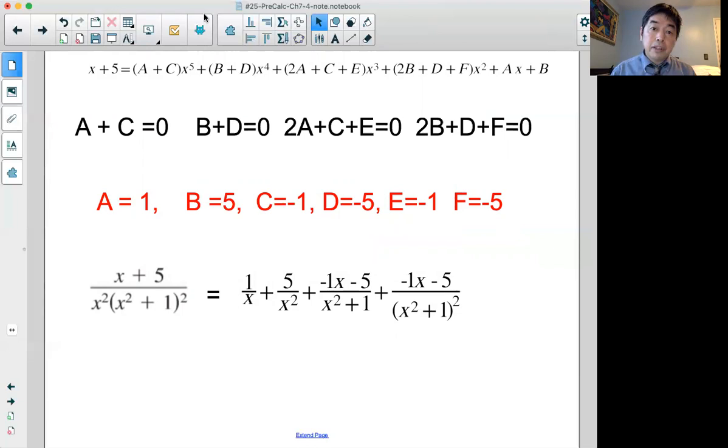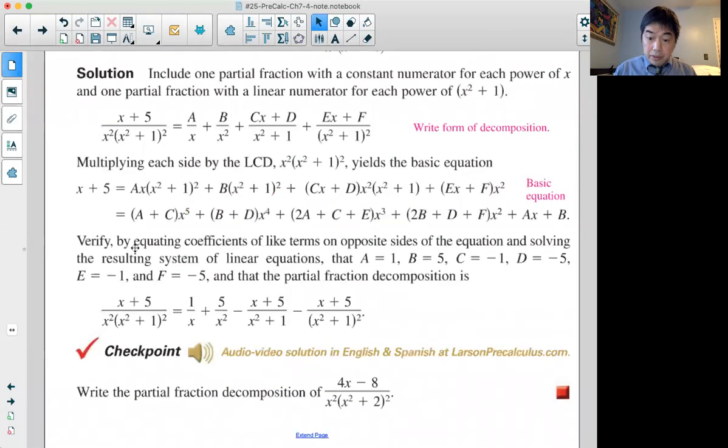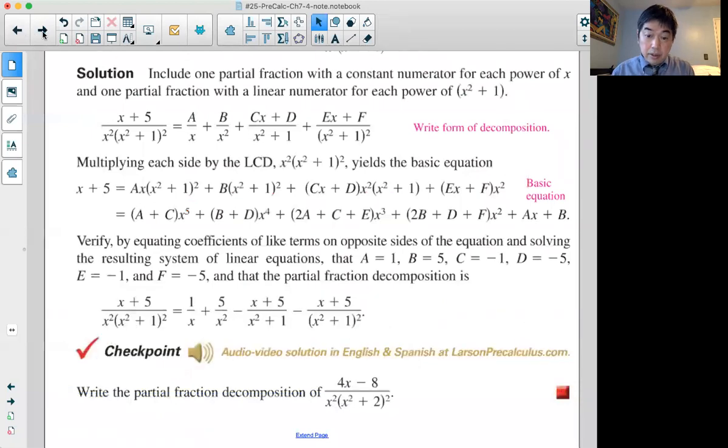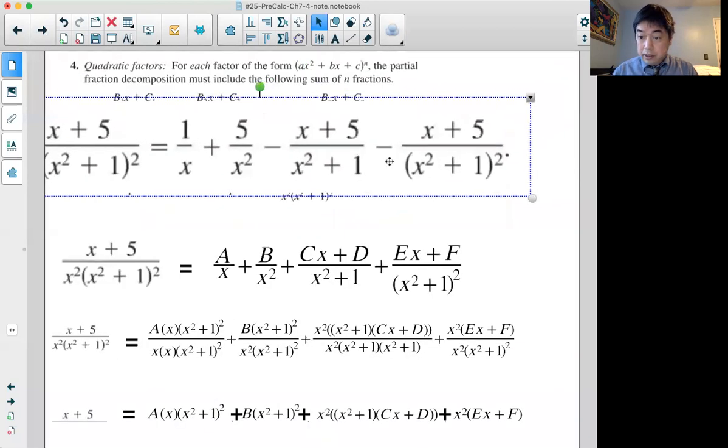Let's compare to textbook answer. Textbook answer is this. And see, here they change the sign. But I think it's basically the same answer, a different expression. So let's see.